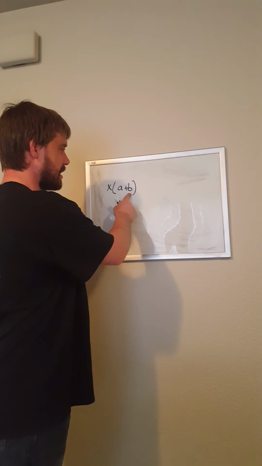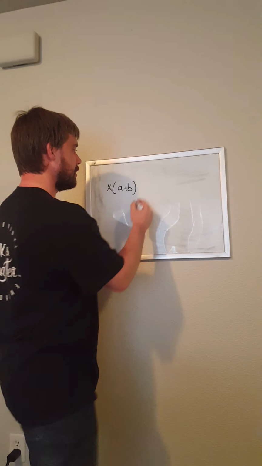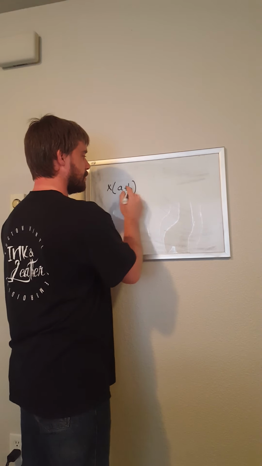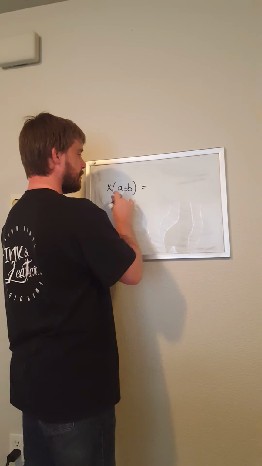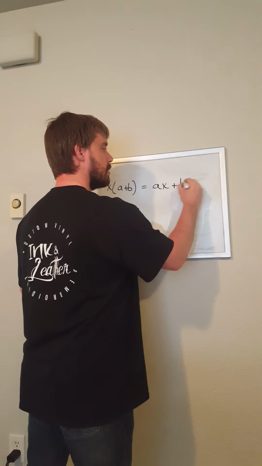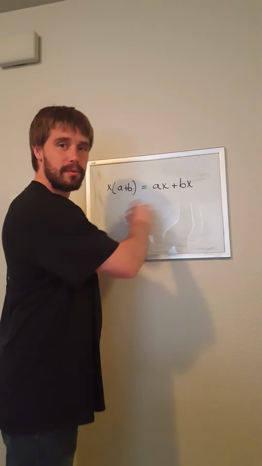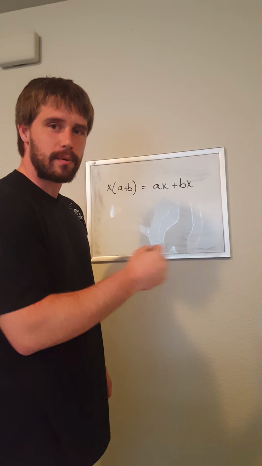Could be 5 plus 7 times 114, doesn't matter. Whatever this number is, and whatever these ones are, this expression is equal to this expression. And it works in both ways. It works backward and forward.